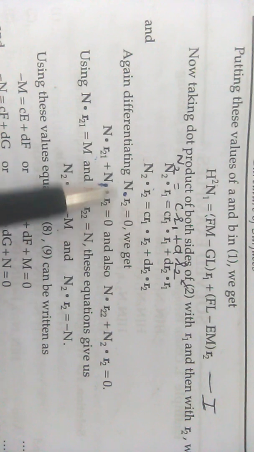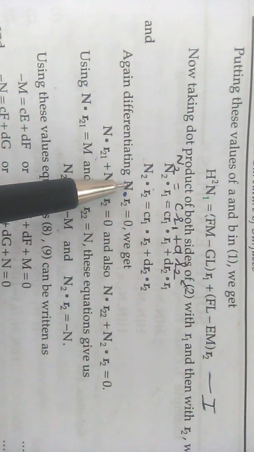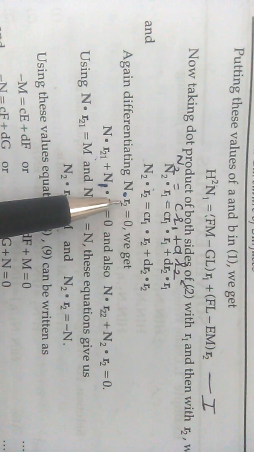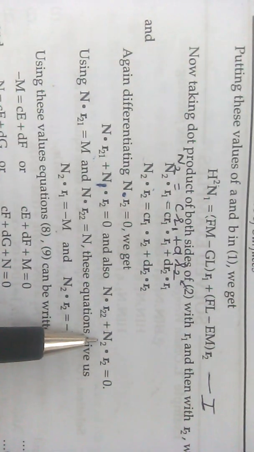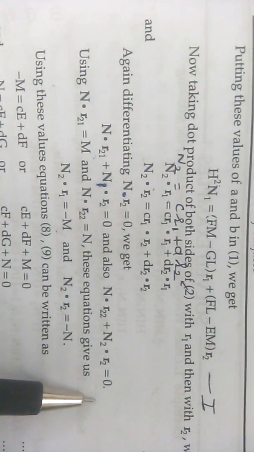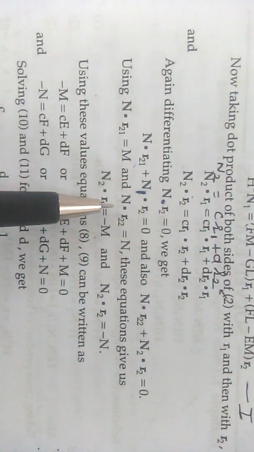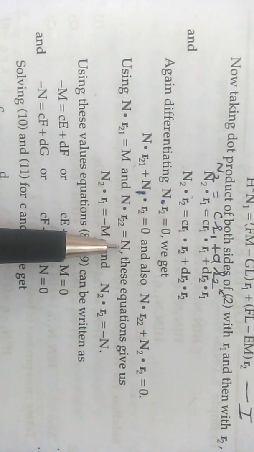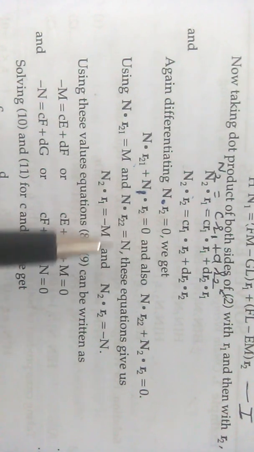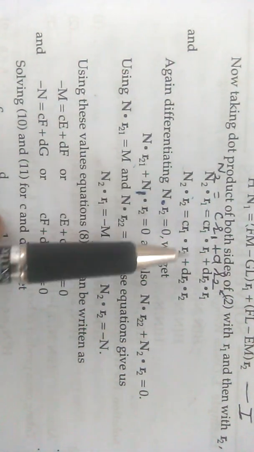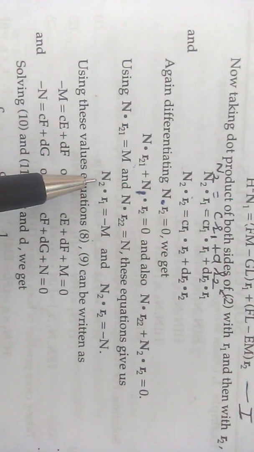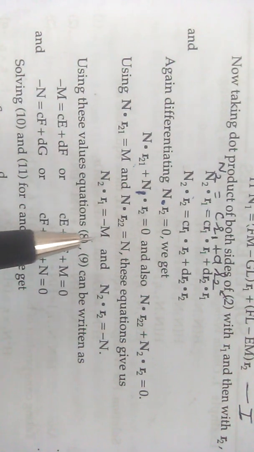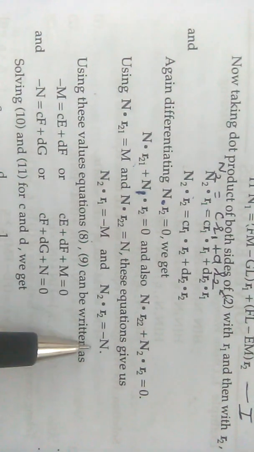Now differentiating with respect to v, the derivative of r2 with respect to v is r22, plus n2 dot r2 is equal to 0. Now we use these results because n dot r21 is M, and n dot r22 is the fundamental magnitude N. So substituting these values, we get n2 dot r1 is equal to minus M, and n2 dot r2 is equal to minus N.